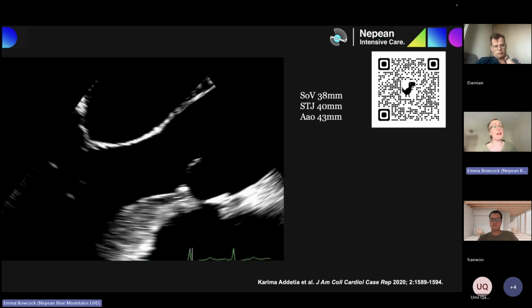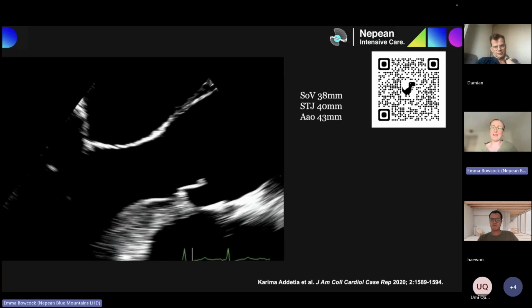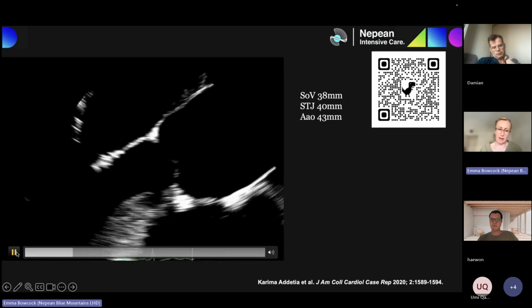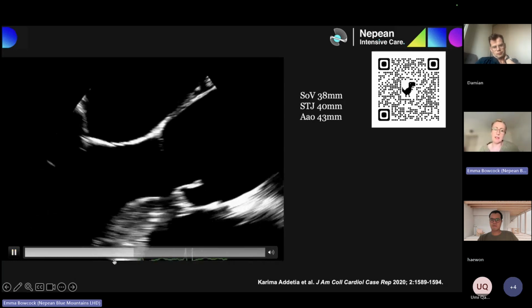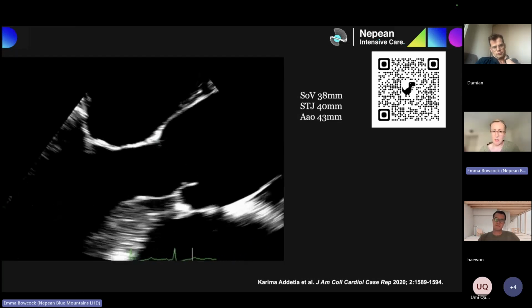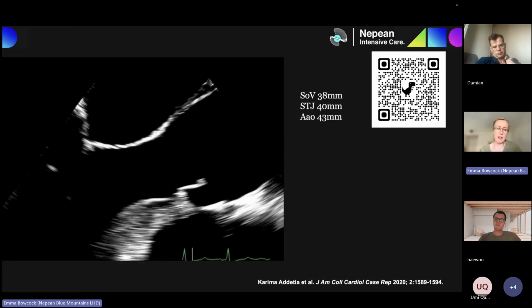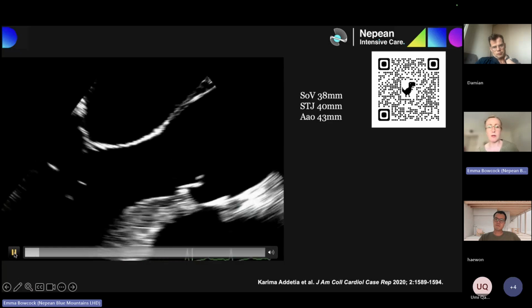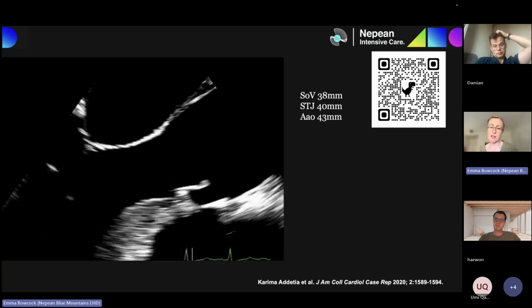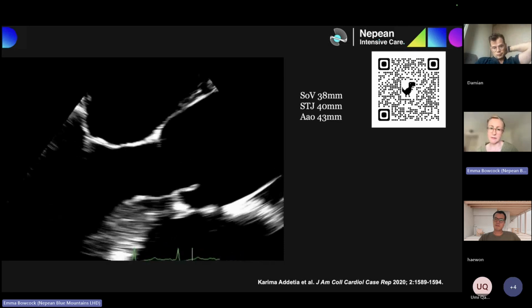You can say it depends on the body surface area and the sex of the patient, but it's dilated, isn't it? I mean, it's going to be dilated even in those with a high body surface area if you index it. So how do we think the AR might look in this patient? Are you expecting to see any AR, if you see a dilated aortic root like that?